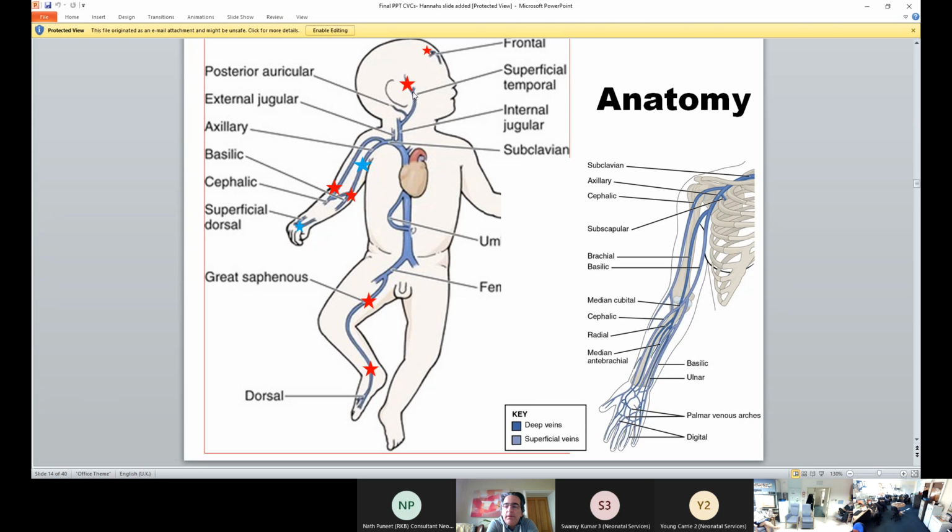So there is a risk of cannulating the artery instead of the vein. There is a small vein here, frontal. I personally don't like this one because it's a small one and usually ends in the eye area. So I wouldn't advise doing this one.